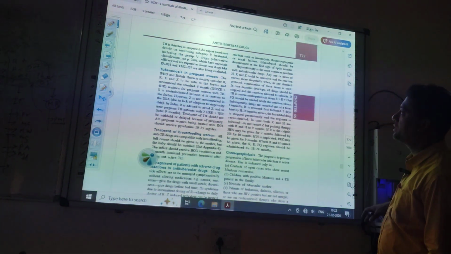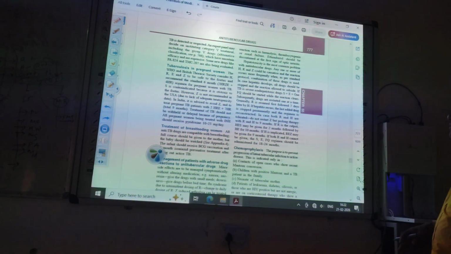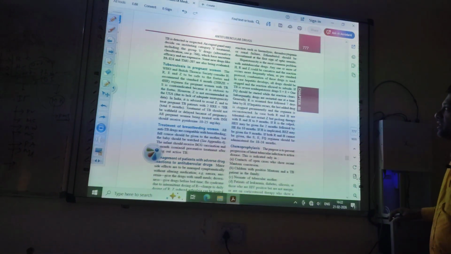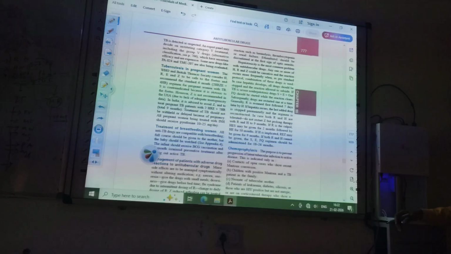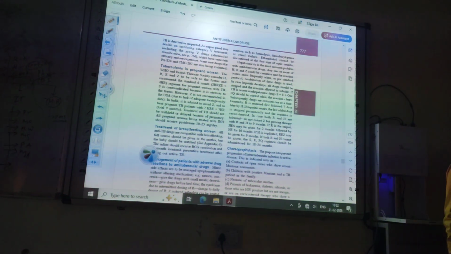Then tuberculosis in pregnant women: the WHO and thoracic society consider HREZ. Isoniazide, rifampicin, ethambutol, and pyrazinamide. You have to remember. What is Z?